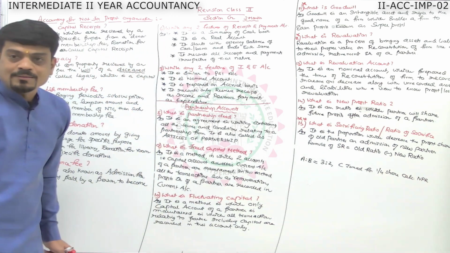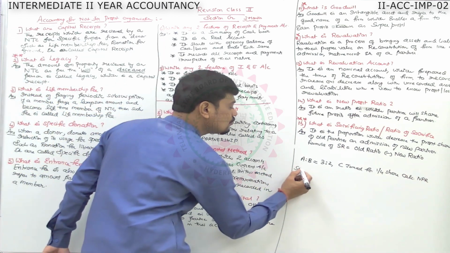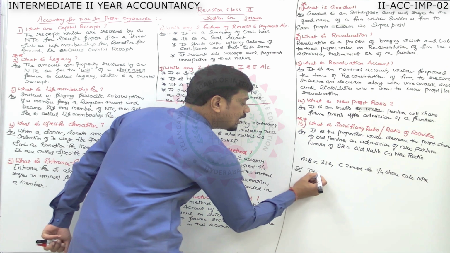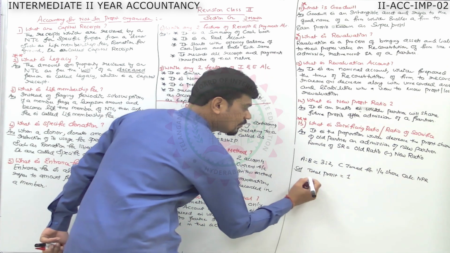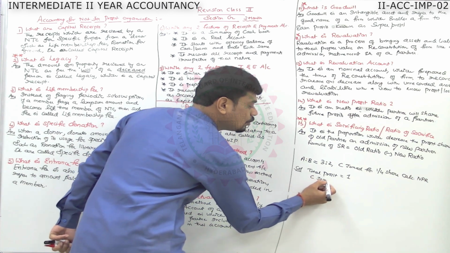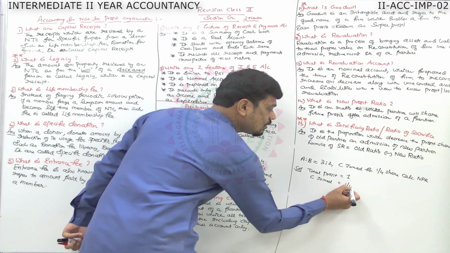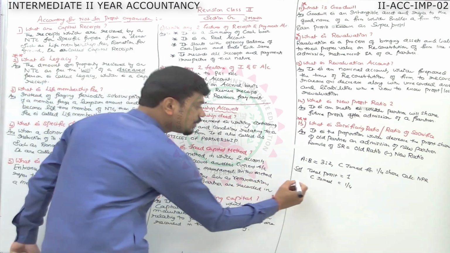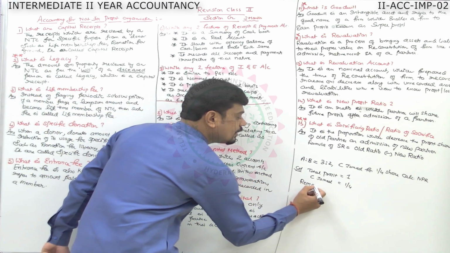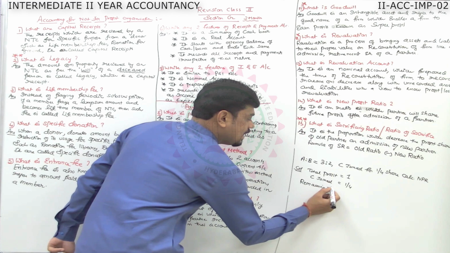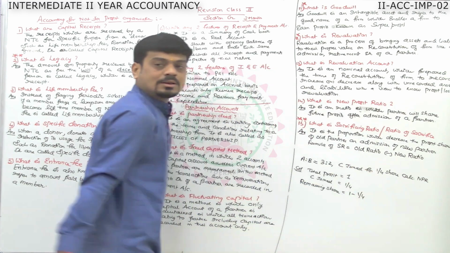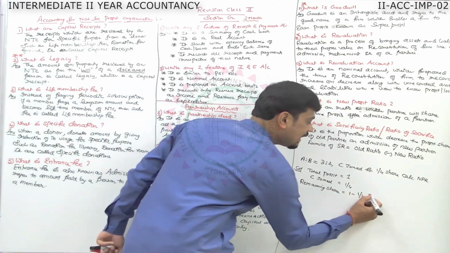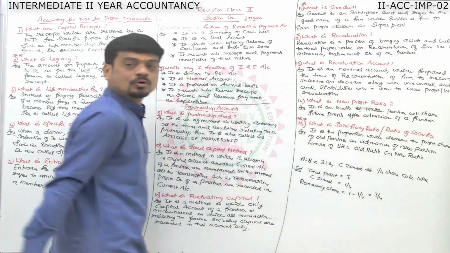Total profit is 1. C joined for 1/4. Remaining share is 1 minus 1/4, which is 3/4.